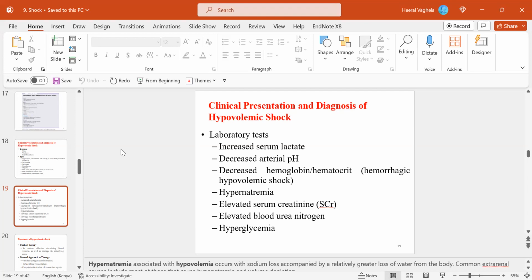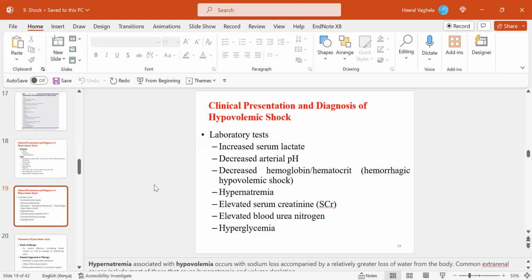So since we know this, what would be the therapy? How do you manage shock? Yeah, I think in this case the most important thing would be fluids.